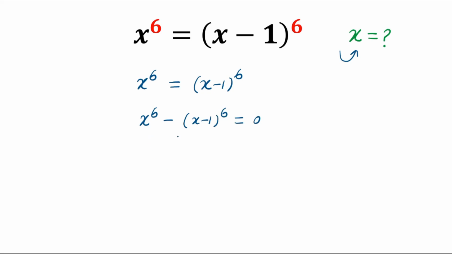Now we will factorize the left hand side. Here the base is x and the power is 6, and here the base is x minus 1 and the power is 6.